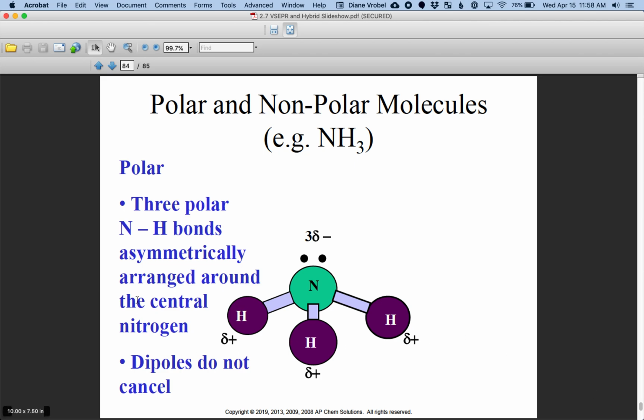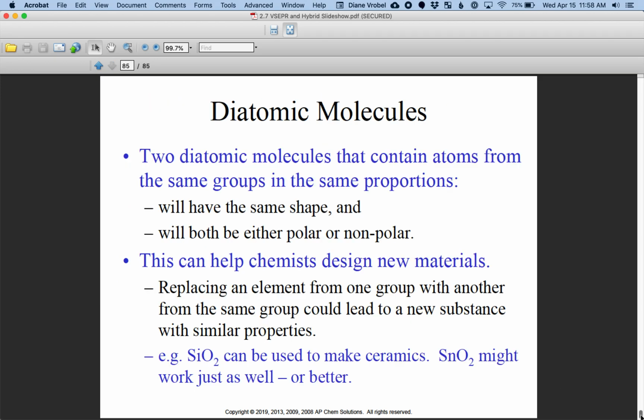And these atoms are experiencing asymmetry, which is another key feature. I would also argue the presence of lone pairs also enhances the fact that there is polarity. So definitely there is a dipole based on this molecule.